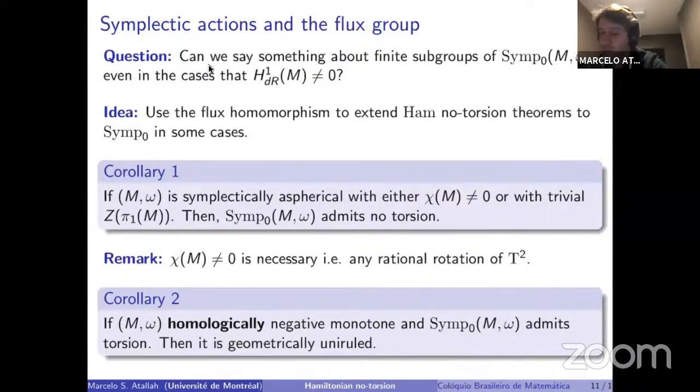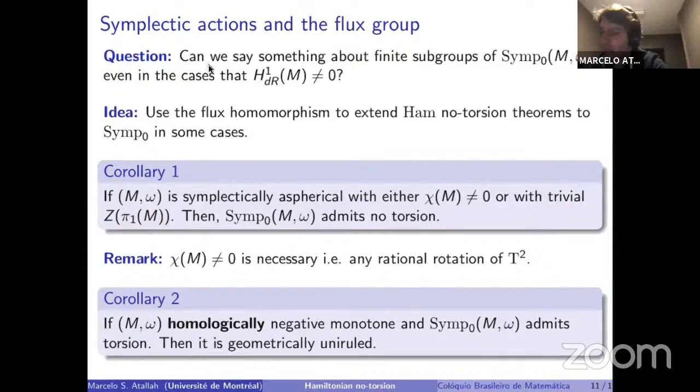In the first corollary, we showed that if a symplectic manifold is symplectically aspherical and either has non-zero Euler characteristic or has a fundamental group with trivial center, then the group Symp0 will not admit torsion.